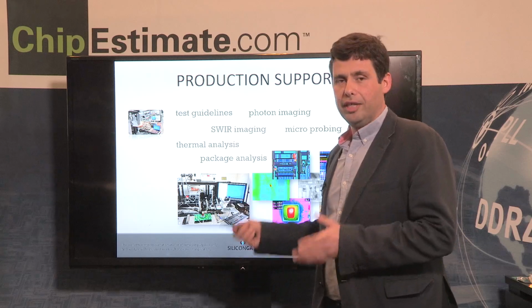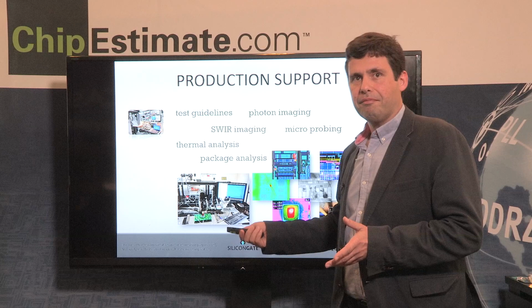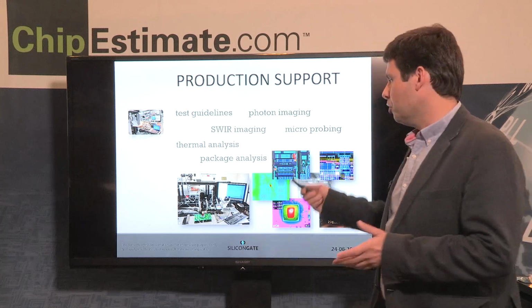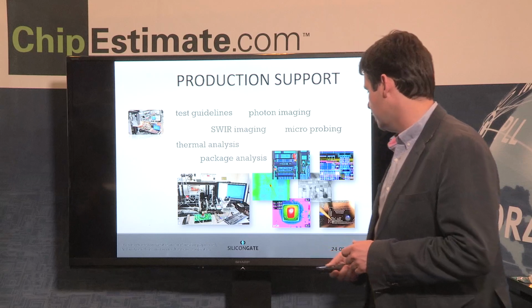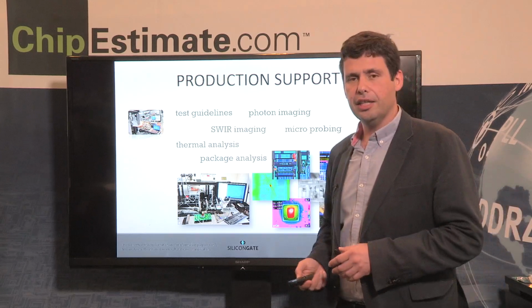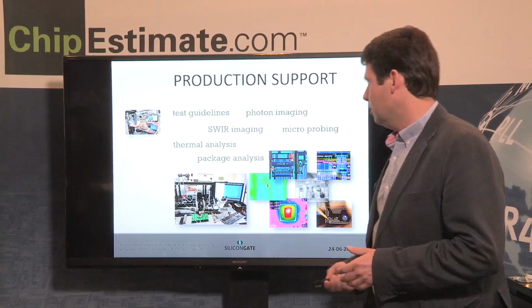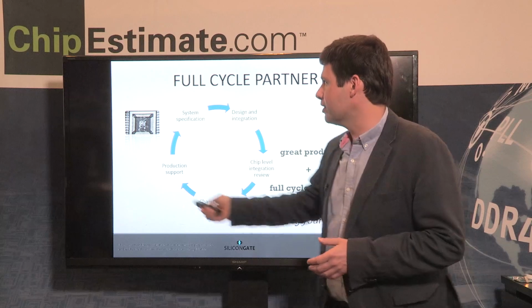Why is the data that is being collected changing over time? Because we monitor not only the power management part of it, but all the consumptions of the chip during characterization. So we have this photo emission, microprobing, package analysis, all that to support the customer and to guarantee that we are a partner through all the cycle.